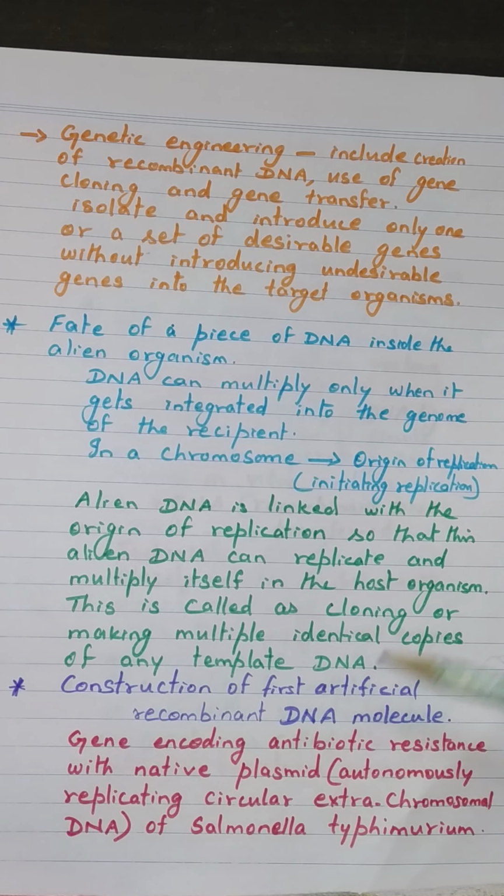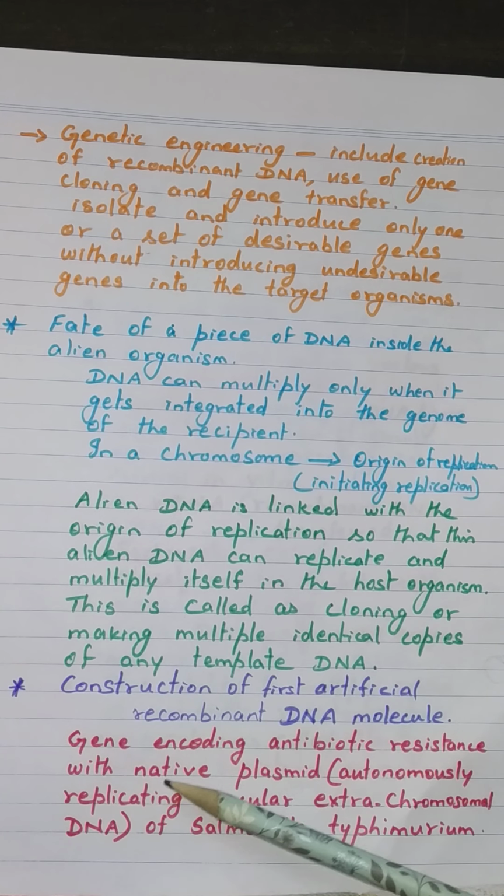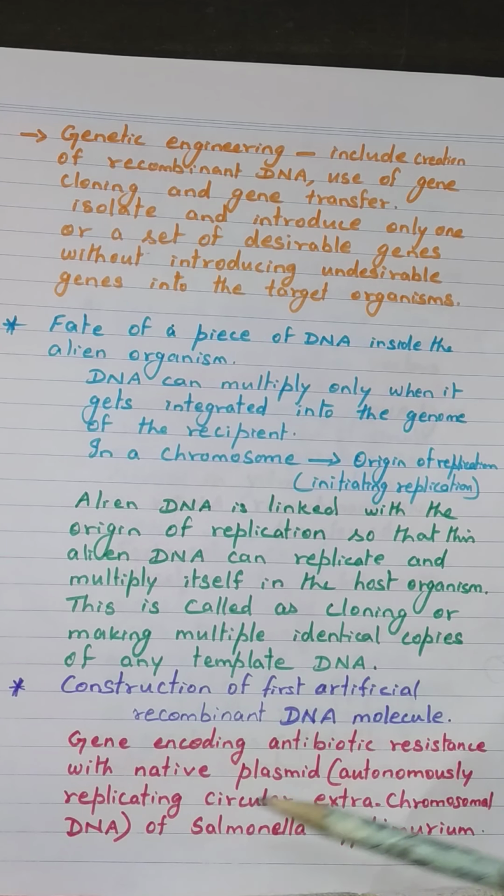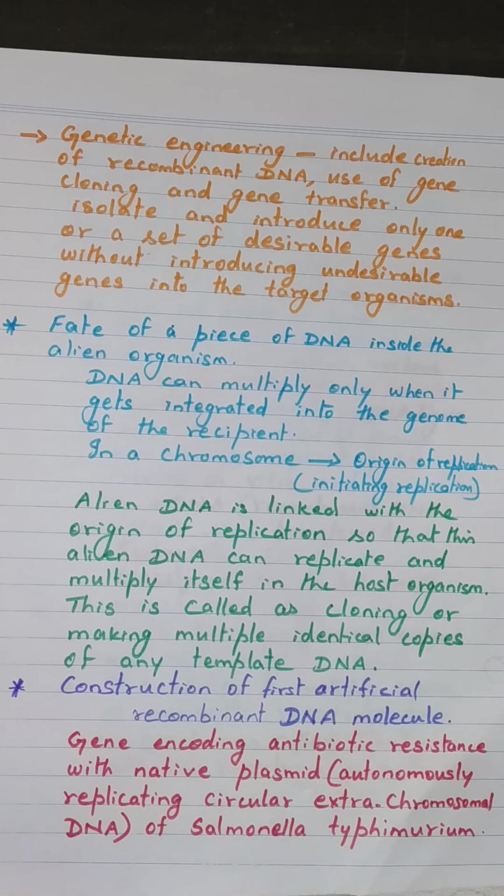What does recombinant DNA mean? One DNA, and it has one alien part, that is, the desirable DNA is also linked with it. This is a gene encoding antibiotic resistance with the native plasmid of Salmonella typhimurium. The construction of the first recombinant DNA emerged from the possibility of linking a gene encoding antibiotic resistance with a plasmid.